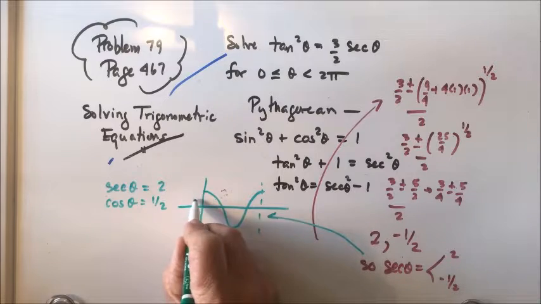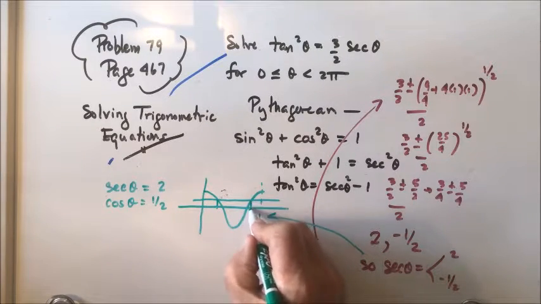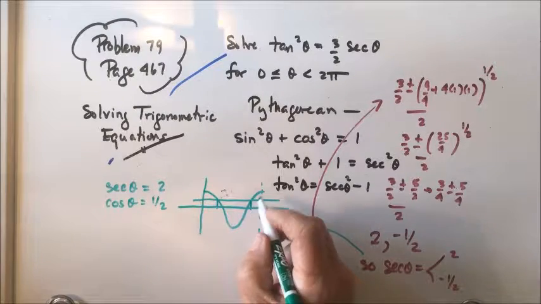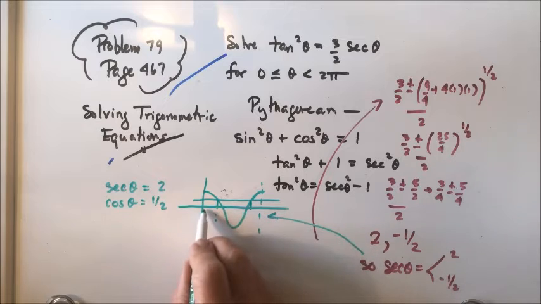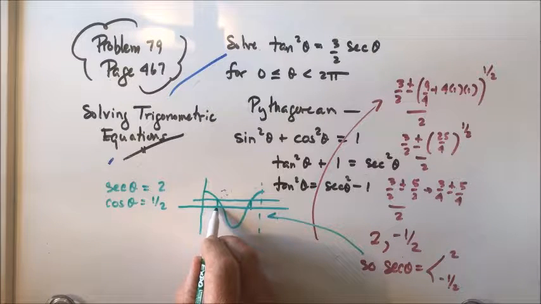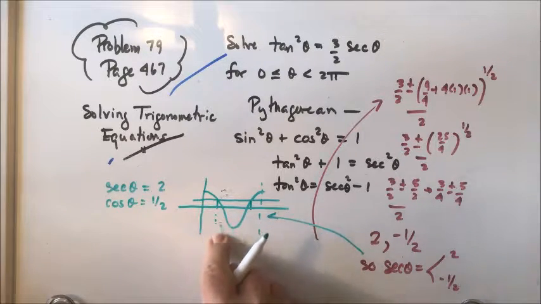Here is 1, so here is 1/2, and there are two values here where it's equal to 1/2. The first one is 60 degrees, so that's pi over 3.